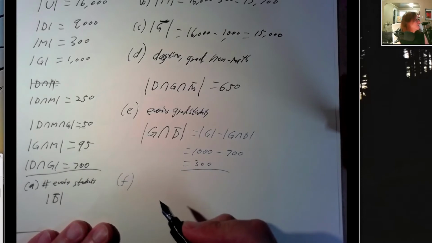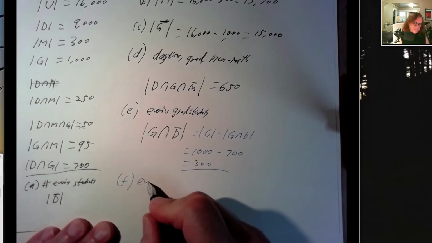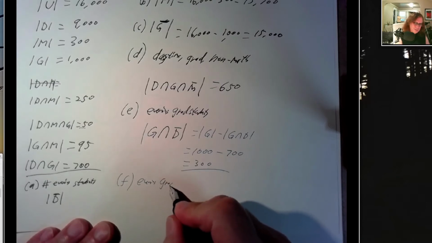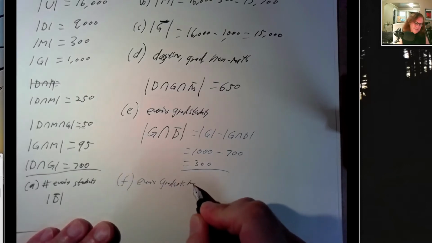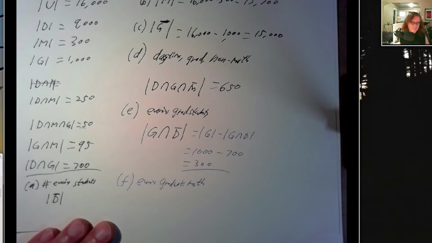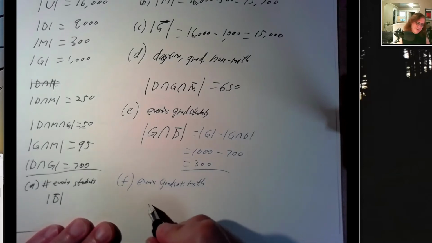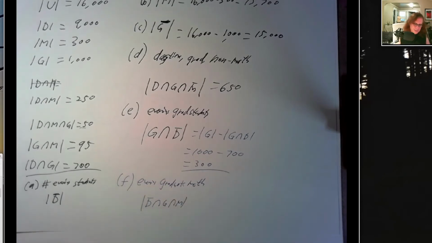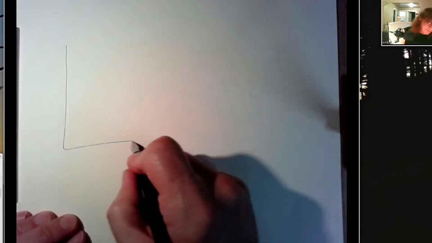And then for part F, we're asked for evening graduate math majors. So evening means we're not a day student, we are a graduate student, and we are a math major. So now we're looking for the number of elements in D bar intersect G intersect M. Alright, well this is similar to something we just did.